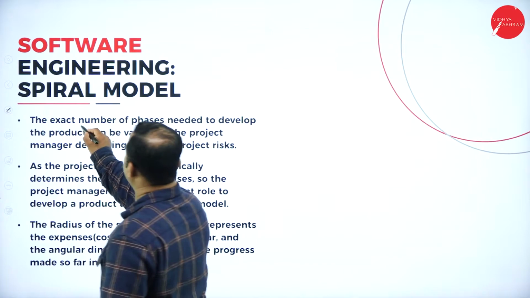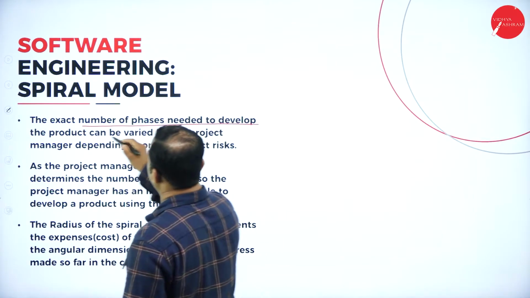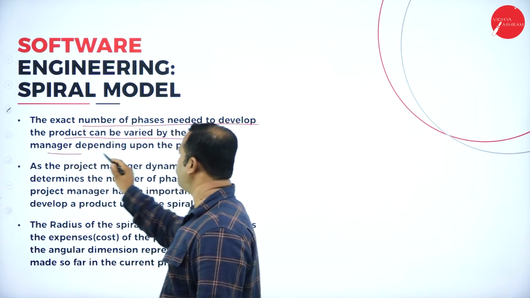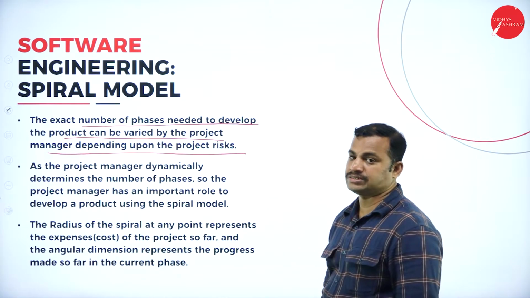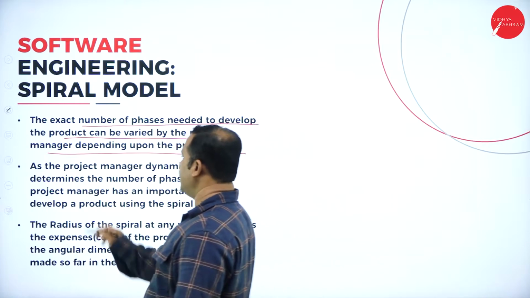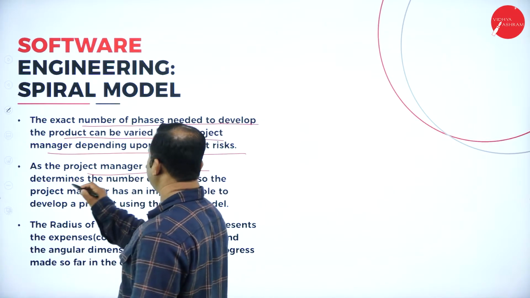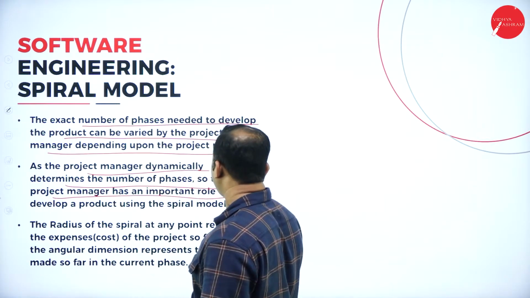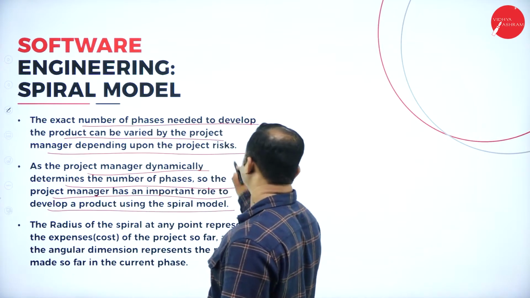The exact number of phases needed to develop the product can be varied by the project manager depending upon the project risks. As the project manager dynamically determines the number of phases, the project manager has an important role in developing a product using the spiral model.